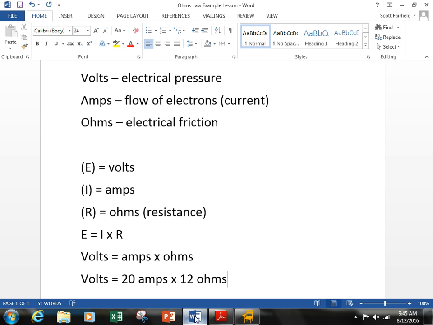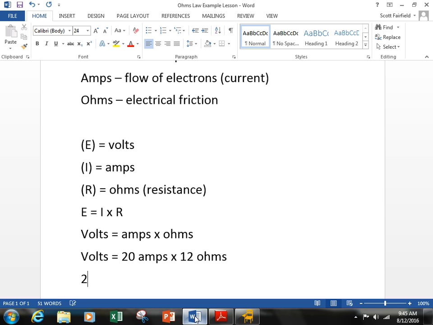And if we put those two multiplications together, that means that there's 240 volts at that time in the circuit. So 240 volts would come from 20 amps and 12 ohms. So usually mathematically you are given two of the three things here and solve for the third one when trying to figure out what's happening in a circuit at a given point.